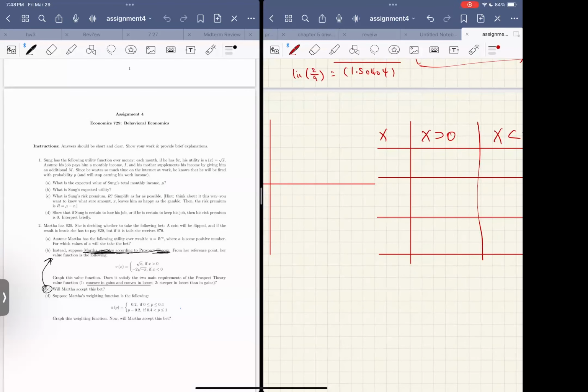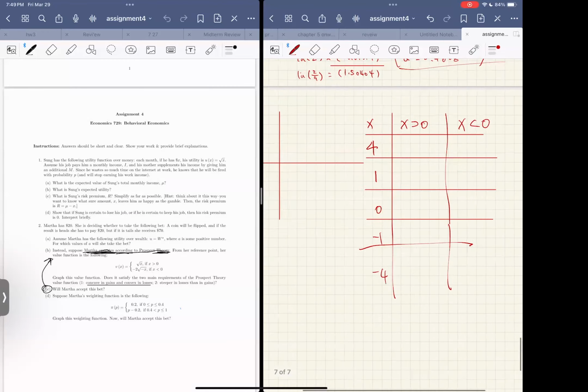So pick easy numbers, something easy to square root: 4, 1, 0, -1, -4.